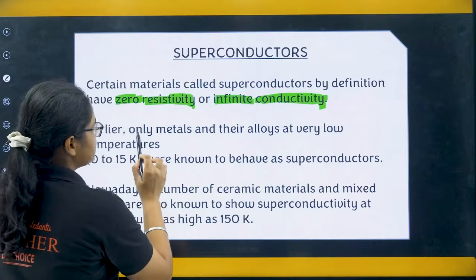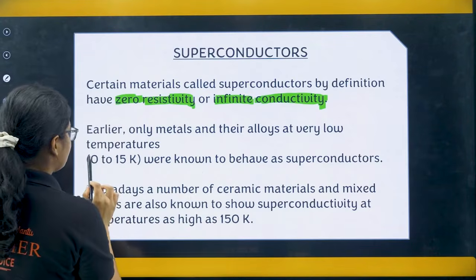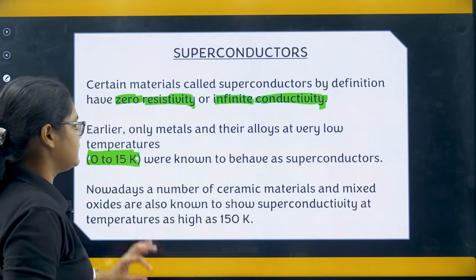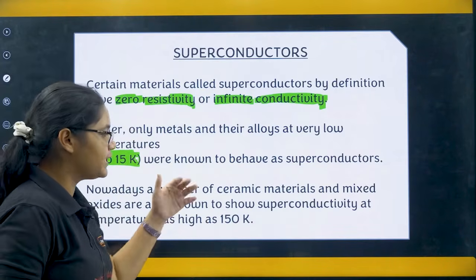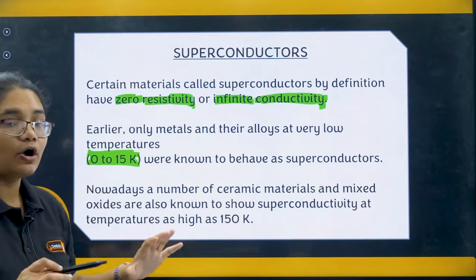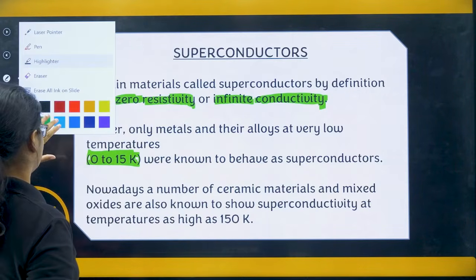Earlier there were only certain metals and their alloys at very low temperature, up to 15 Kelvin, which were supposed to have superconducting nature, but it did not stay forever.